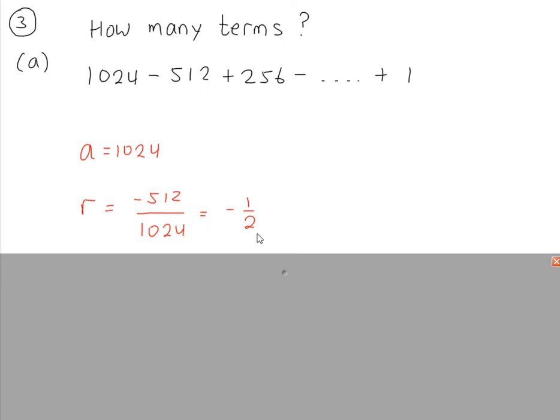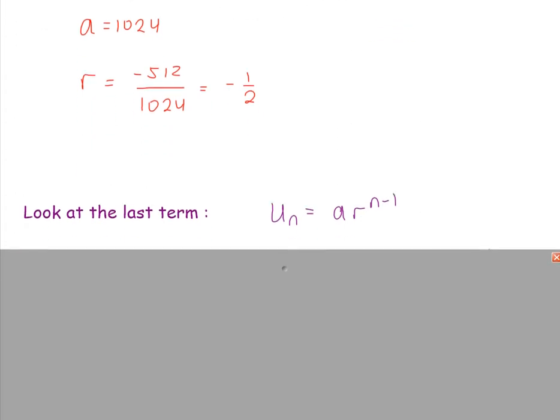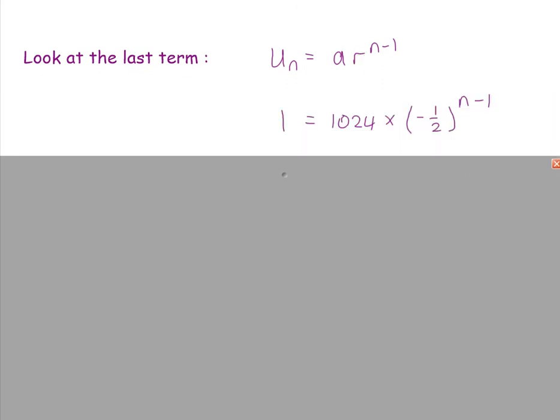To work out the number of terms, you have to focus on the last term in the series. We need to write down the nth term formula for the last term. So here's my nth term formula, substituting the values in, and the last term was 1.